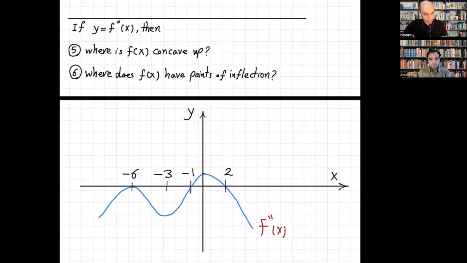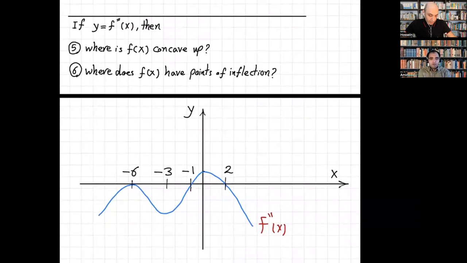Okay. So as you said, this blue curve is f double prime of x, the second derivative of f of x. Part 5 of the question is asking where is f of x concave up. Concave up means that f of x is gonna look like something like this.